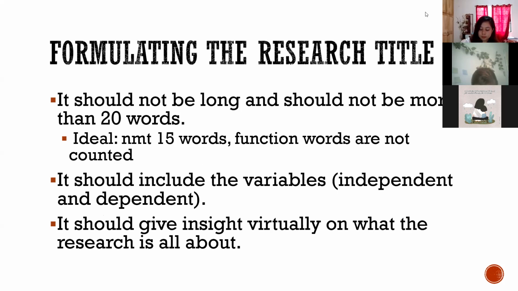Now, once you have thought of a research problem, you will be formulating the research title. So I will give you an overview on how you are going to make your title. But again, as I said at the beginning of my discussion, the final title will be finalized by the panel after the proposal defense, and the panel will see if they will accept it or not.